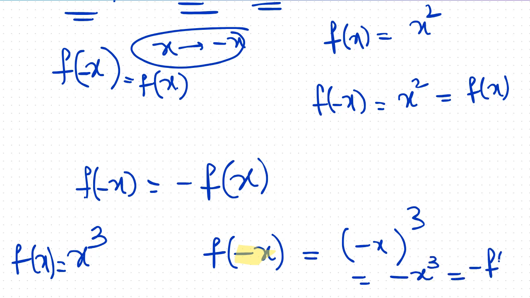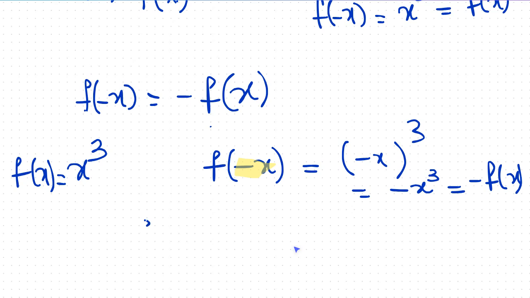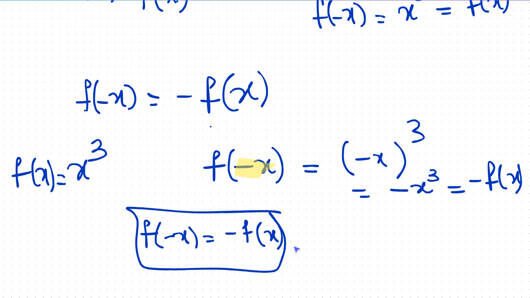So minus of f of x. f of x was x cube, right? So f of minus x is minus f of x means if this sign comes out, it is an odd function. So this is about even and odd functions.